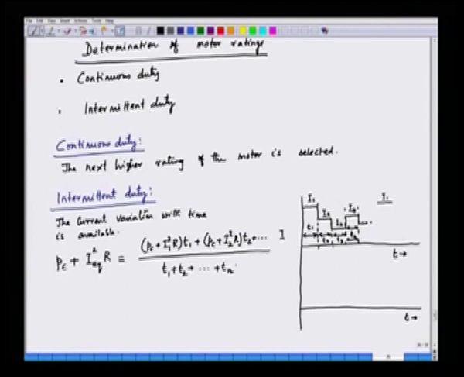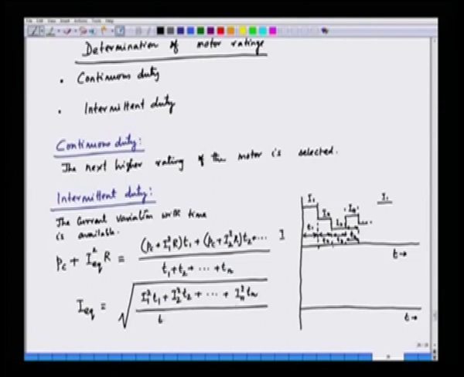If we simplify this, we can evaluate what is I equivalent. I equivalent is given as the square root of I1 square T1 plus I2 square T2 plus In square Tn, divided by T1 plus T2 up to Tn.